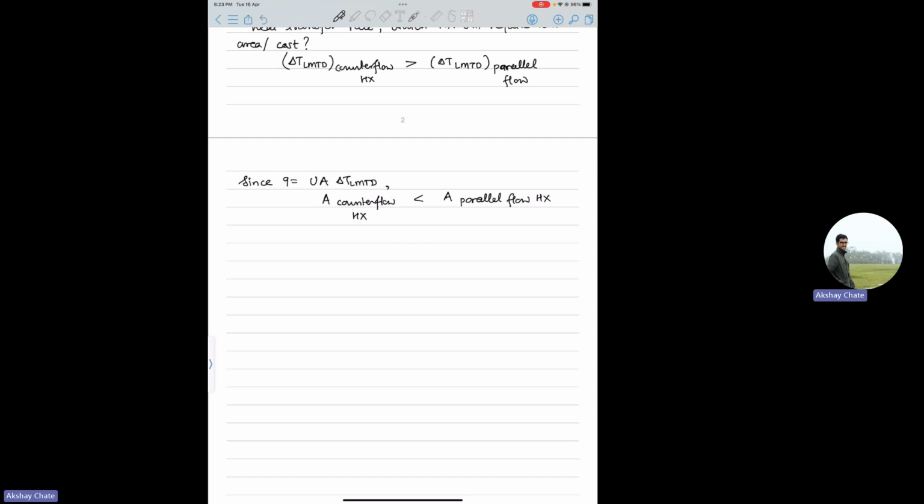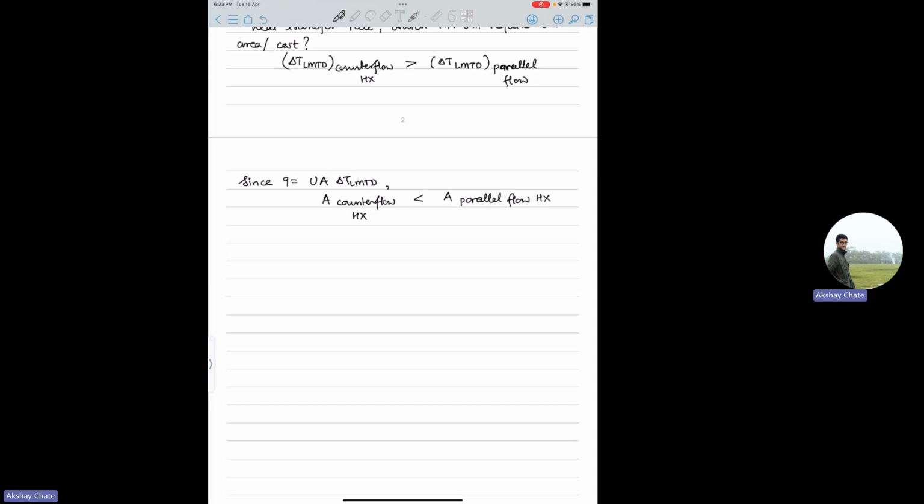Even with the mass flow rate arrangement, it's not possible to control it to that extent. Therefore, since temperature difference is the driving potential for any heat transfer, that is more in counterflow as compared to parallel flow, and so this observation is achieved.